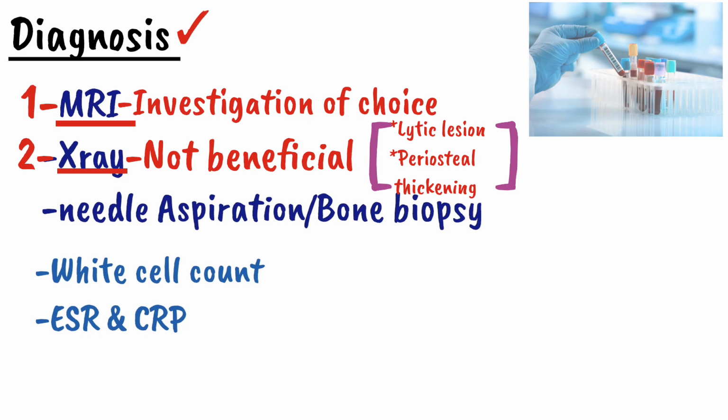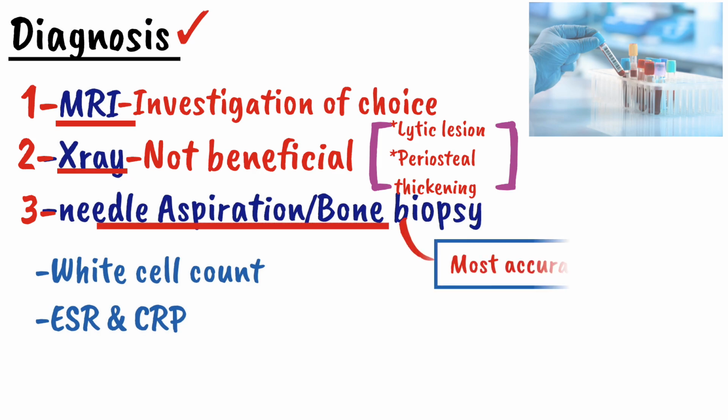Apart from that, we can also perform needle aspiration and bone biopsy. It is the most accurate test for the diagnosis of osteomyelitis. Along with that, we can also perform a culture on the bone biopsy, and in this way, it will help to determine the specific antibiotic therapy.